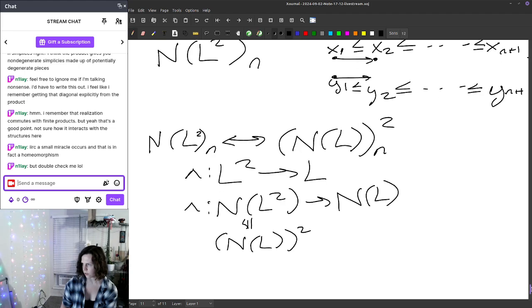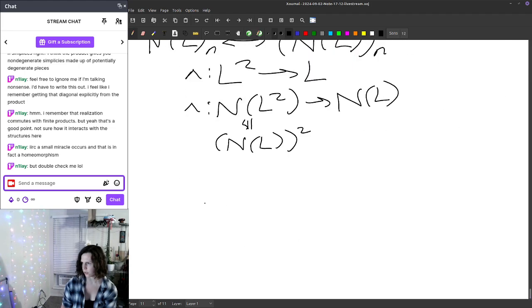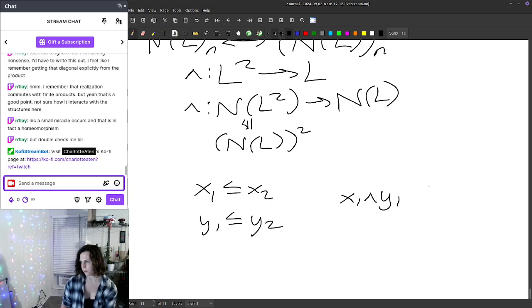Does that still work? Because if I know x1 is less than or equal to x2, and I know that y1 is less than or equal to y2, and then I do x1 meet y1. Well, sure, meet is isotone.